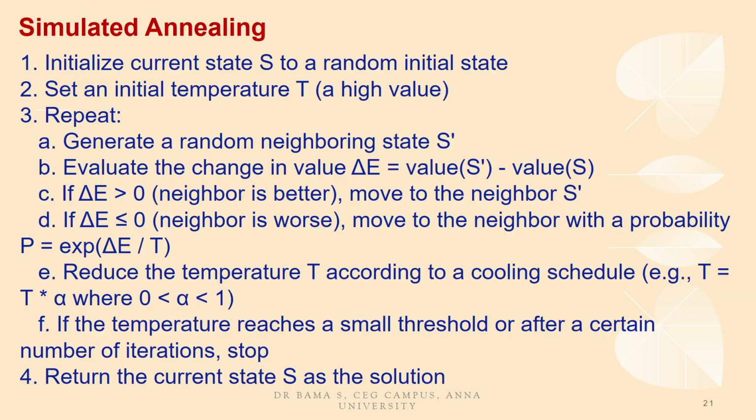The algorithm is shown here, where the initial state is the same as what we did before, except that we have 2 parameters, one is T, another one is delta E. T is the maximum temperature, but this can be a parameter in our case, and delta E is the neighbor condition, and based on these two with the probability measure, we compare and see that the optimal solution is achieved. This is just an overview. In the next class, we will do this algorithm in detail with an example.